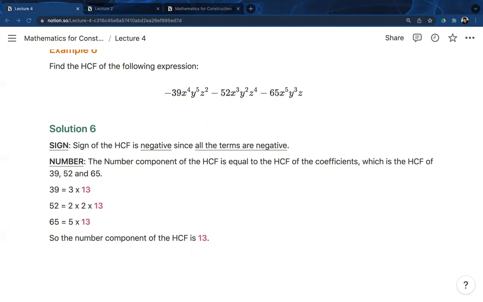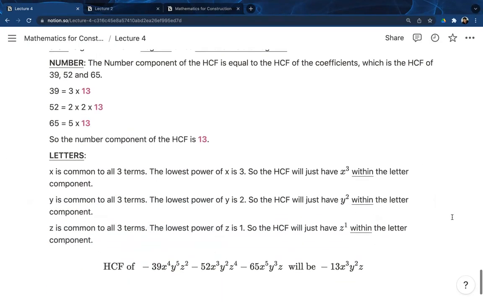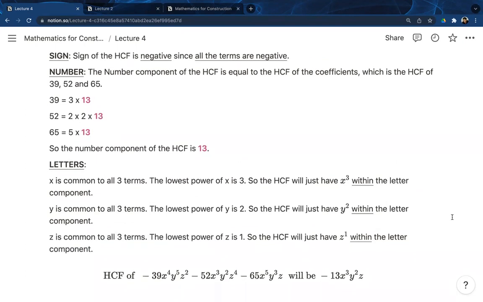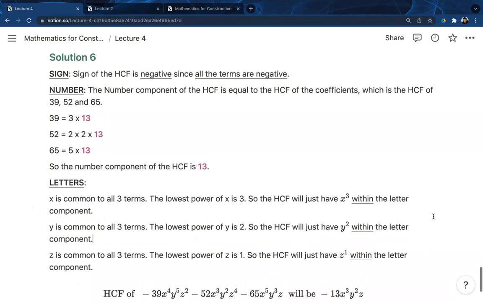So essentially, you have negative 13 by x cubed y squared z. And this is just the justification I've given you, just to make you understand where I'm getting all of this from. But the answer is negative 13 x cubed y squared z. So hope you all understand this.